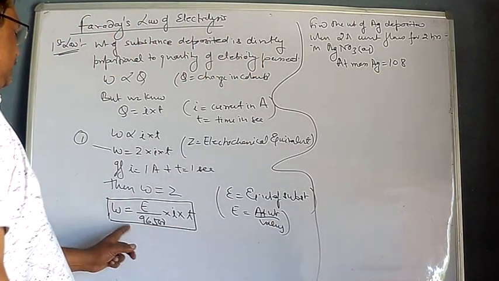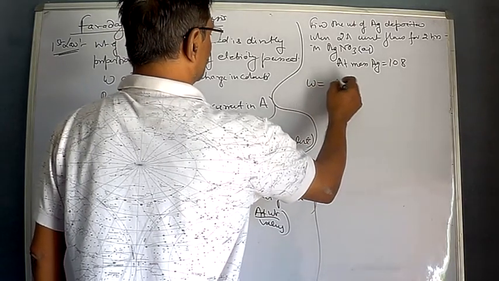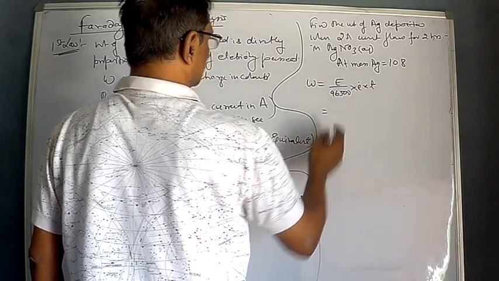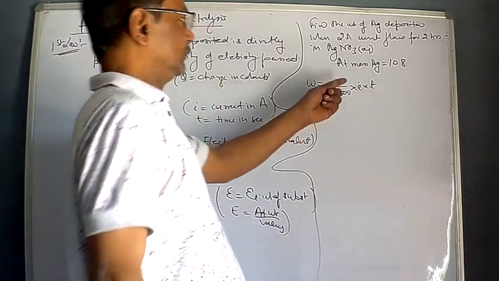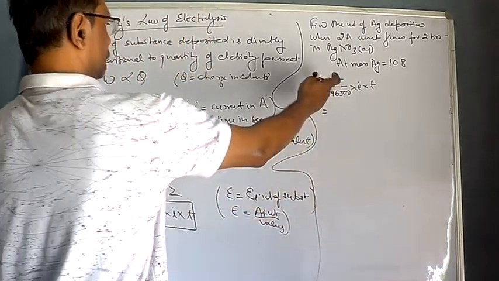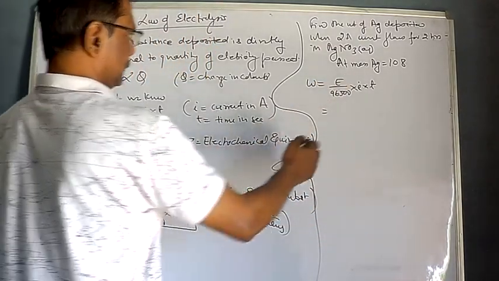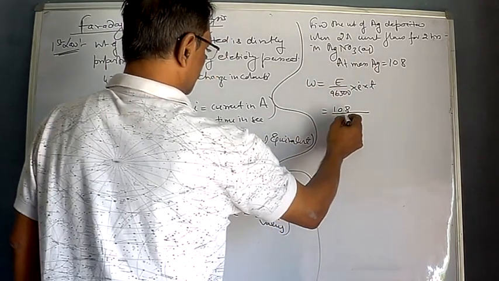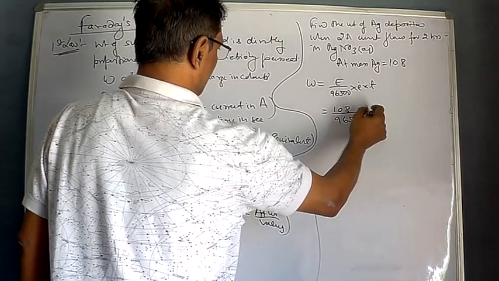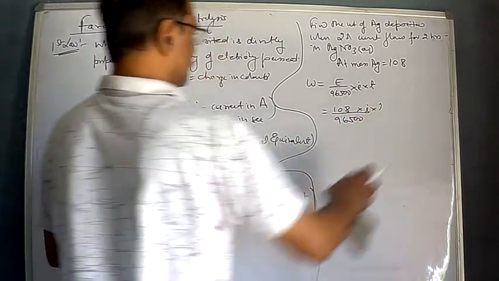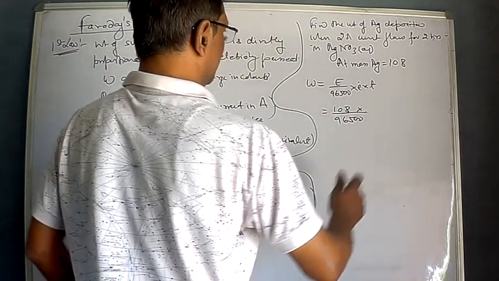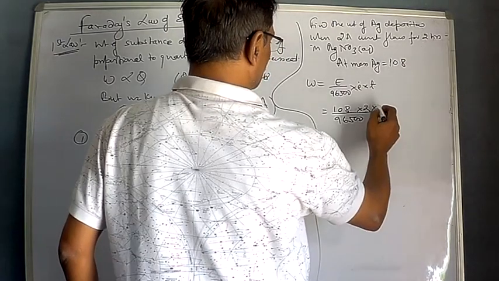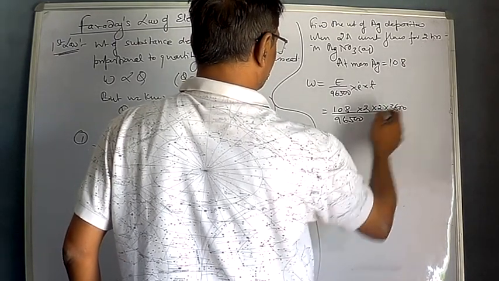So class, we use this formula. W equals E upon 96,500 multiplied by I multiplied by T. We know the valency of silver is 1. So in place of equivalent weight, atomic weight upon valency, atomic weight is 108, valency 1, divided by 96,500 multiplied by I, and let us put the values. I is 2 ampere and time is 2 hours, so 2 hours multiplied by 3600.